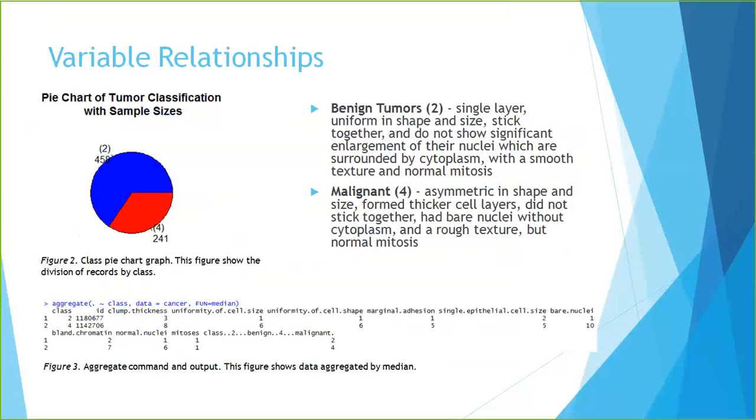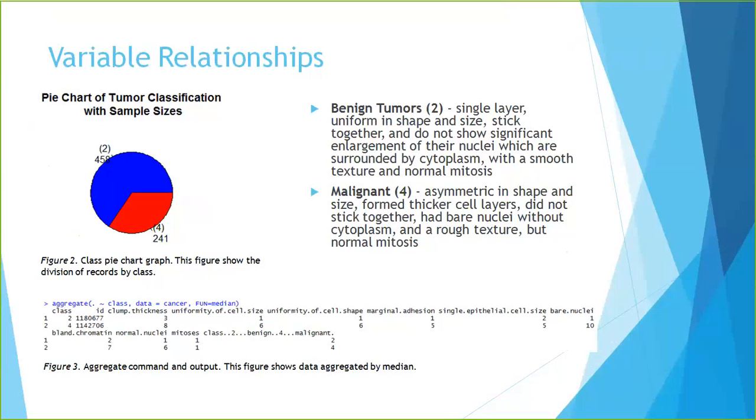The aggregate function was also used within R, and it summarized the data by median for each class. So overall, benign tumors were associated with lower ranked values, corresponding to things like a more uniform shape and size, normal nuclei, smooth texture, and normal mitosis, which is what we would expect.